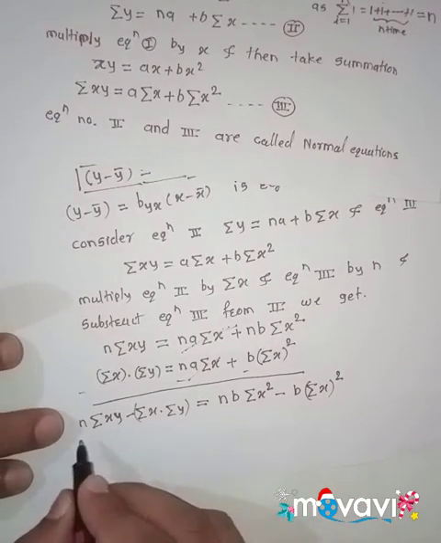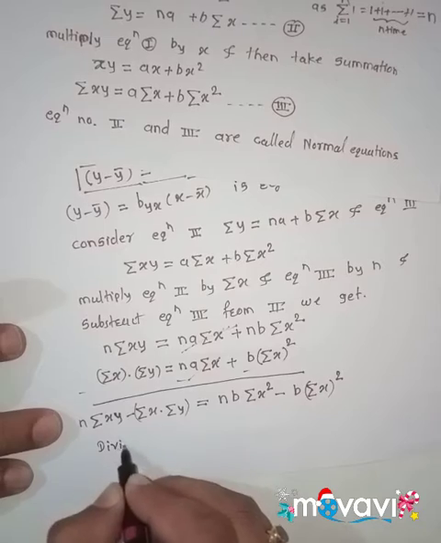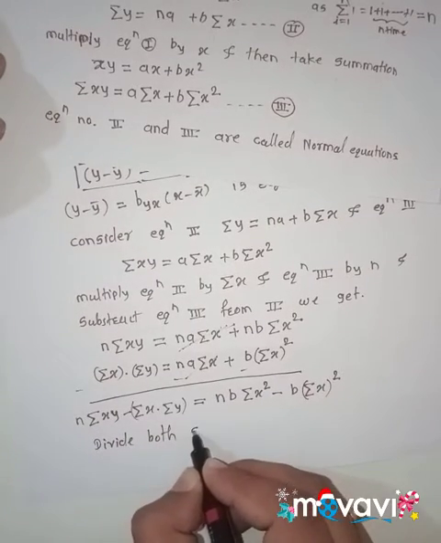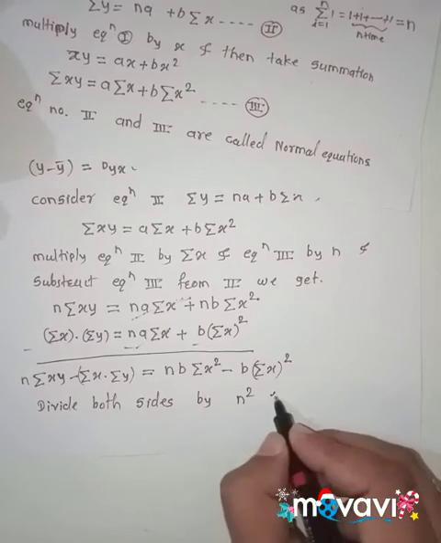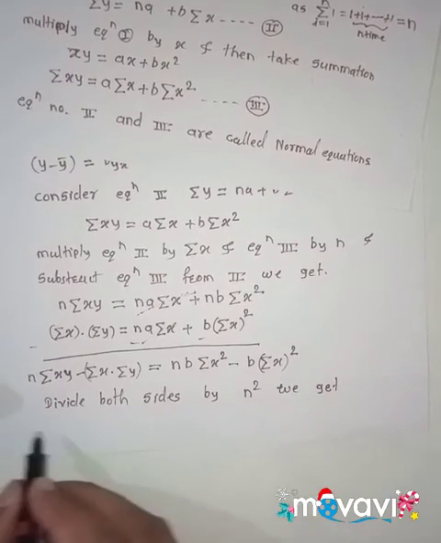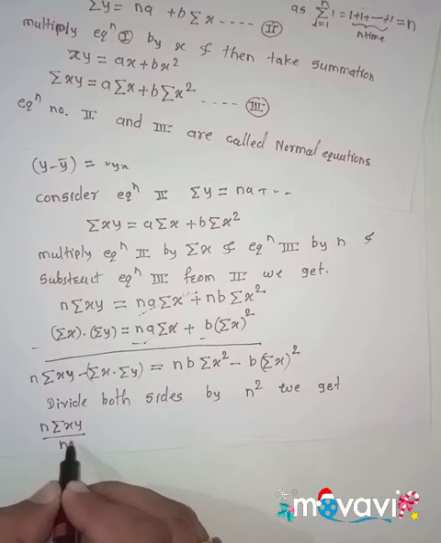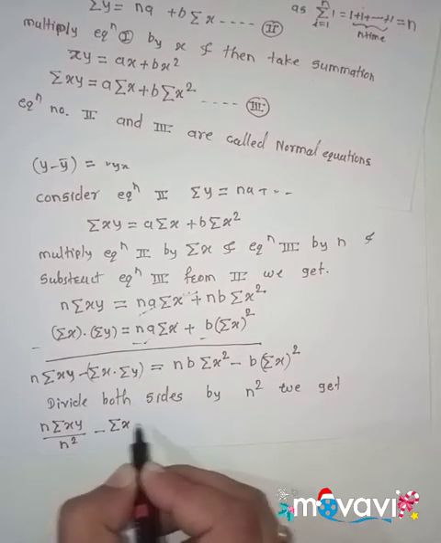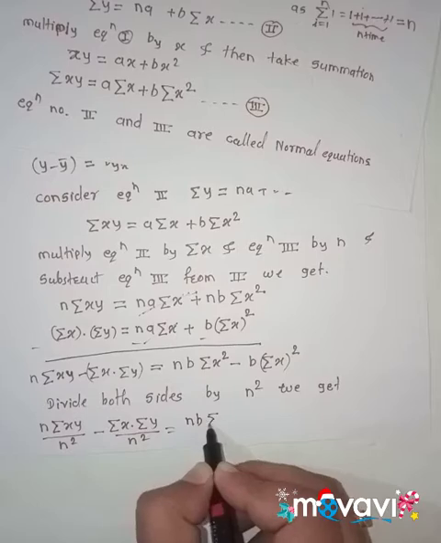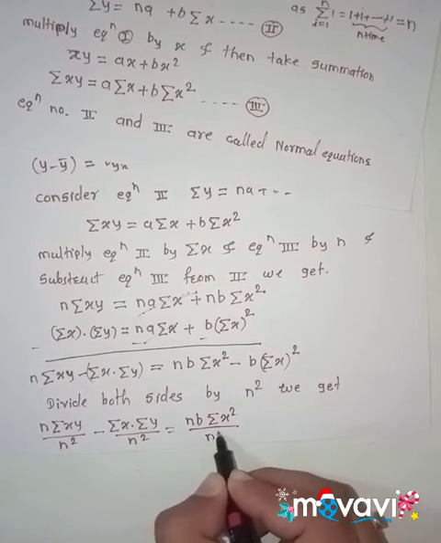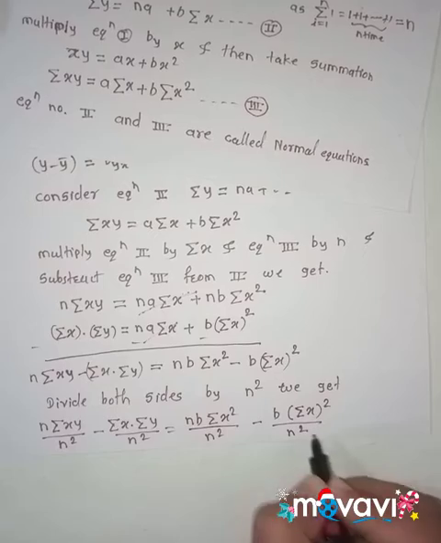If we divide both sides by n square, then we get n summation xy upon n square minus summation x into summation y upon n square is equal to nb summation x square upon n square minus b summation x bracket square upon n square.